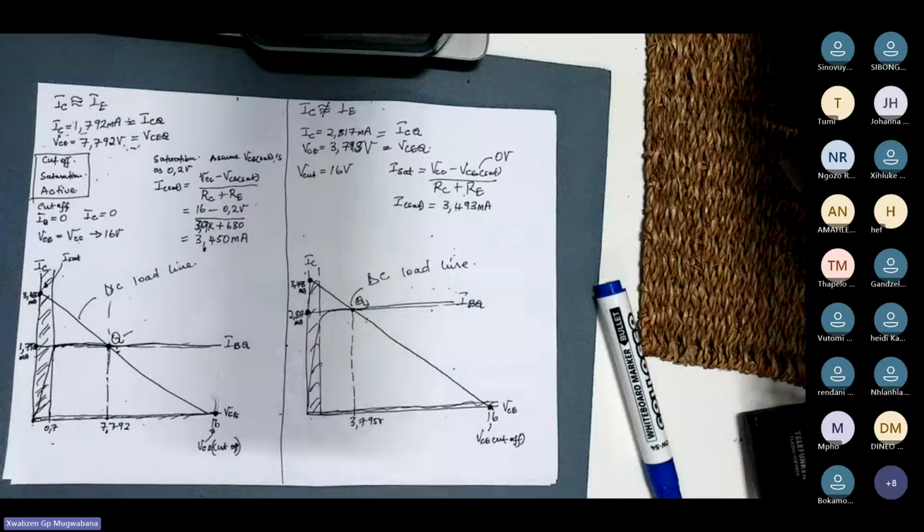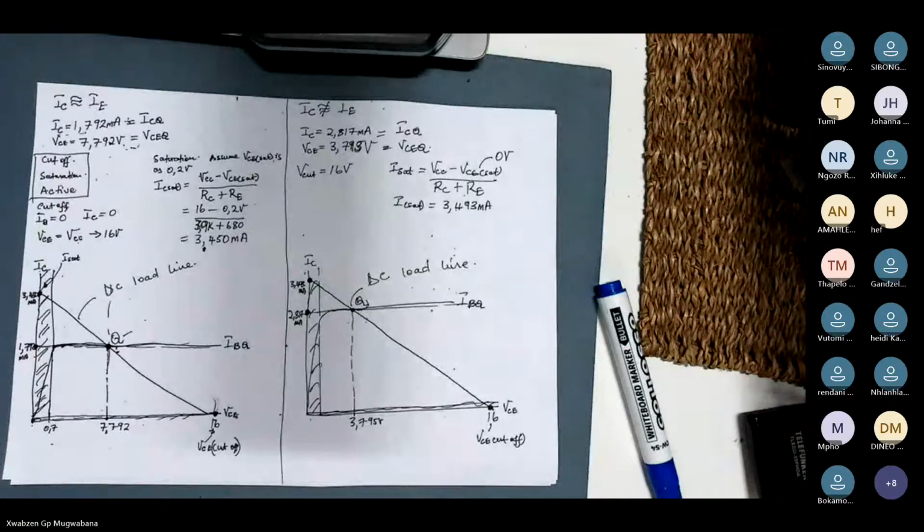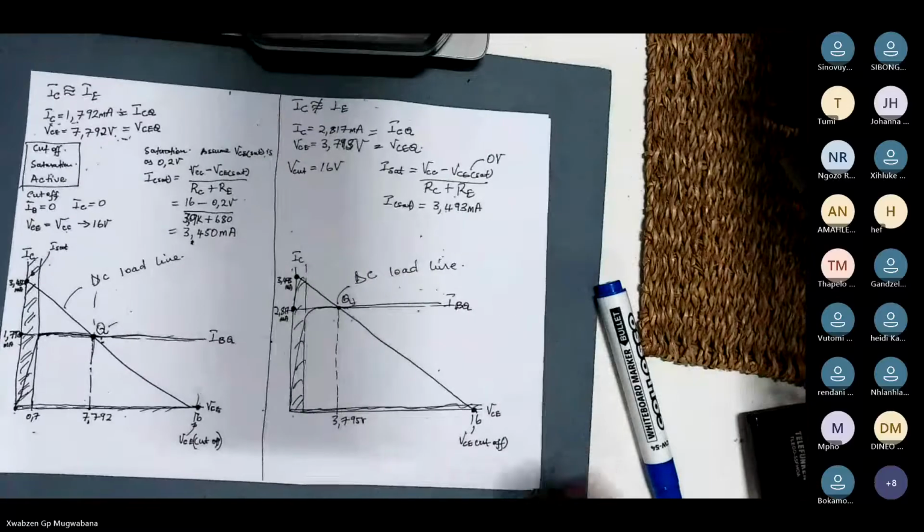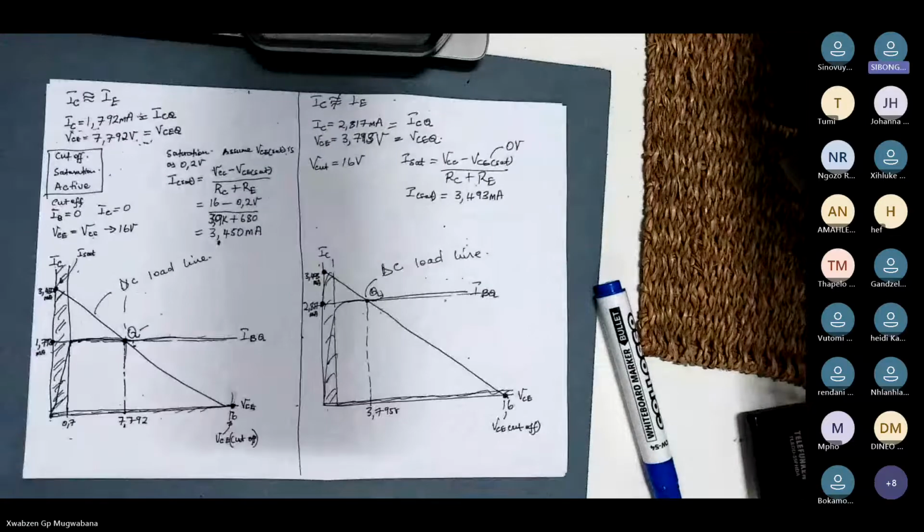Okay. Any question before we close the session? Sir, everything that you labeled here in this curve, we must also label it in the test.